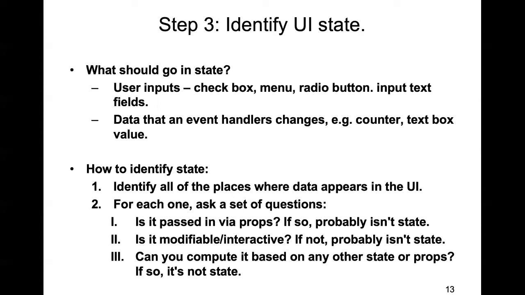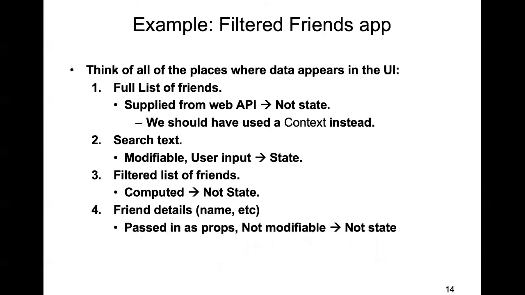Okay, so putting all of that together, if you think of the filtered friends UI in terms of the data that appeared on it, the only data that will really transpire to state is the text box. Just in terms of data, we had a list of friends. Well, the full list of friends is actually domain data.